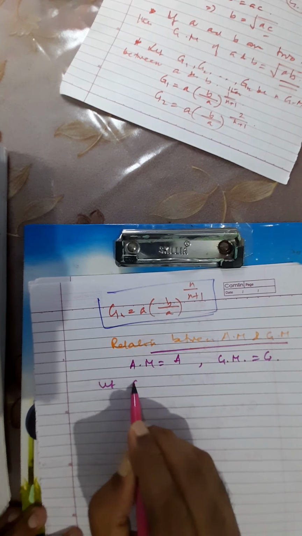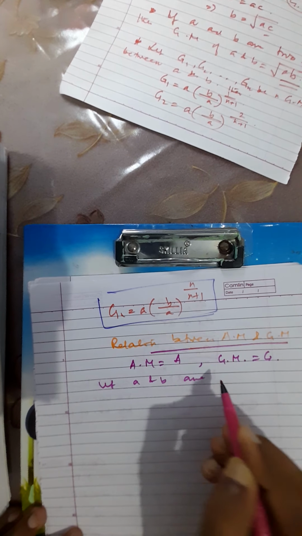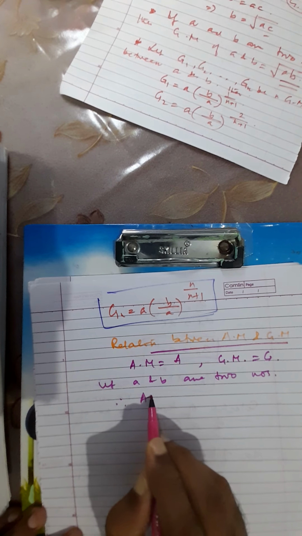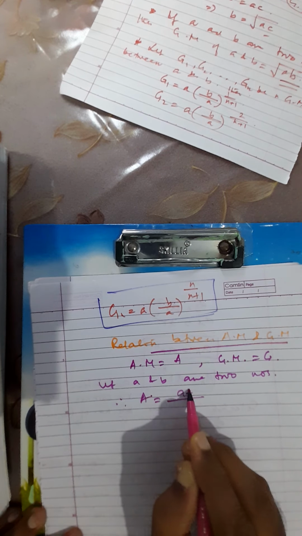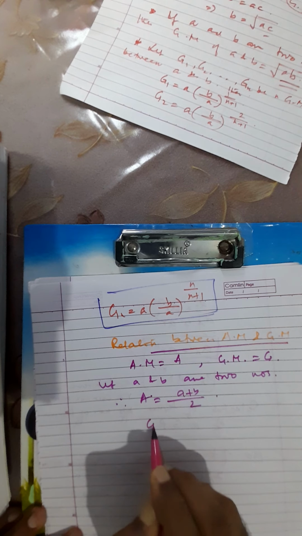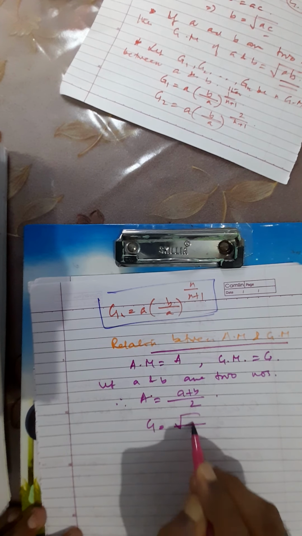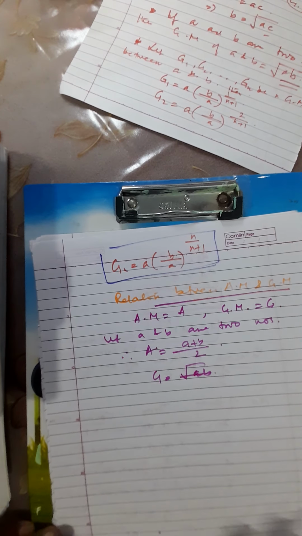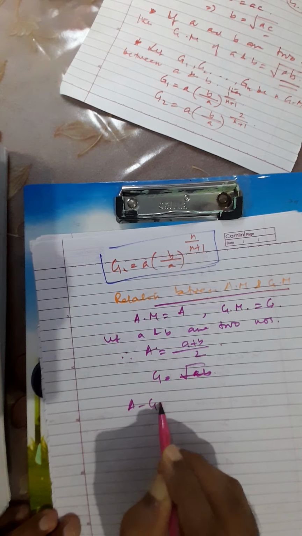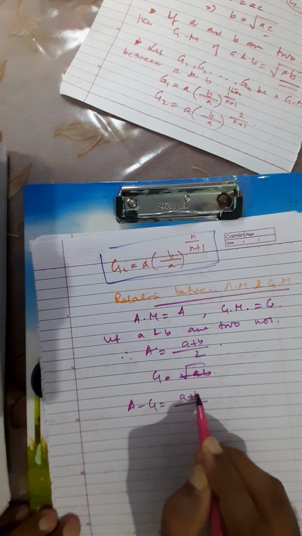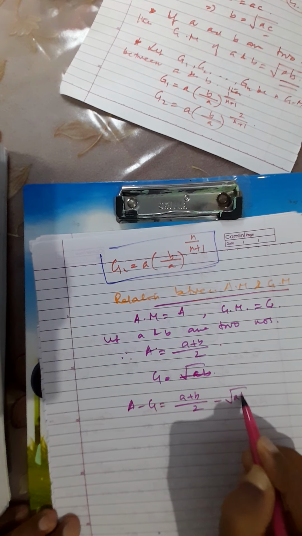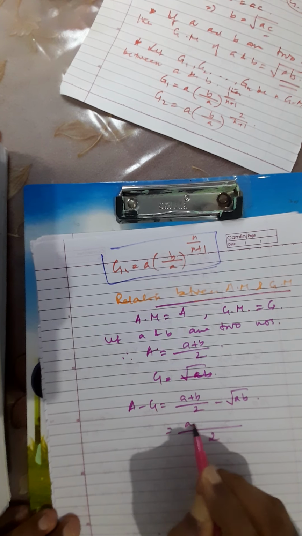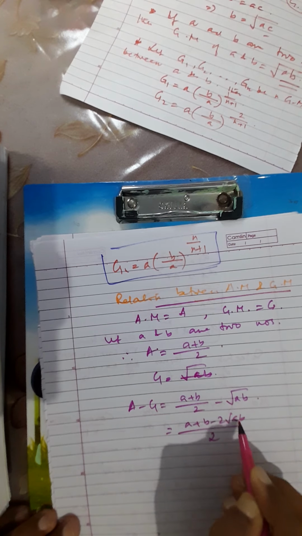Let a and b be two numbers. Then A is equal to a plus b by 2 and G is equal to root over ab. Then A minus G is a plus b by 2 minus root over ab. If we take the LCM, it is a plus b minus 2 root ab by 2.